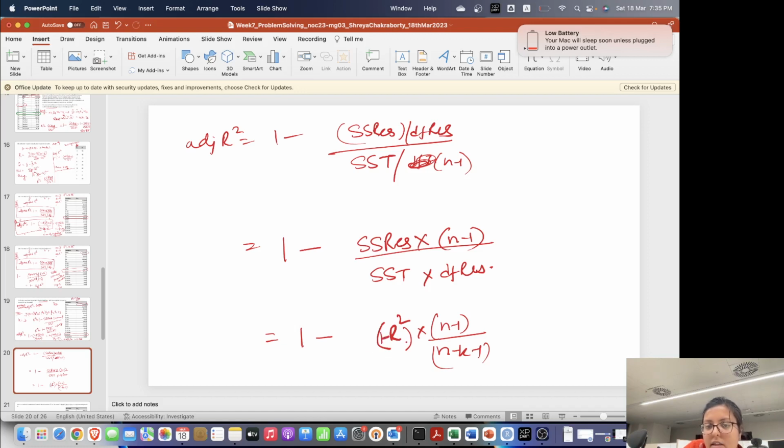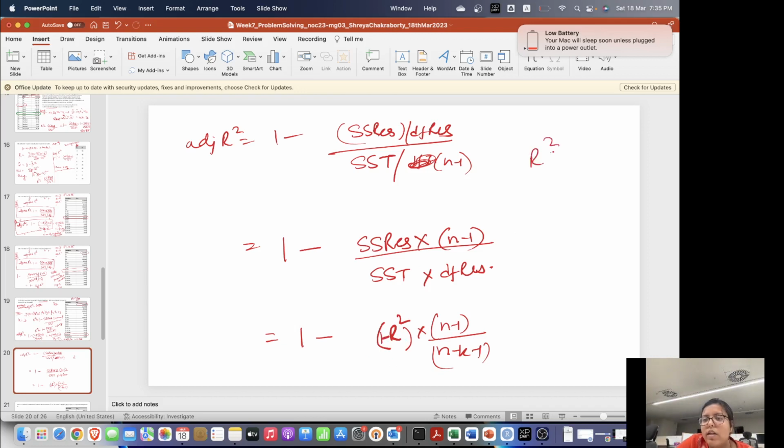Sorry, this is 1 minus R square. R square is SS regression by SS total, or 1 minus SS residuals by SS total.